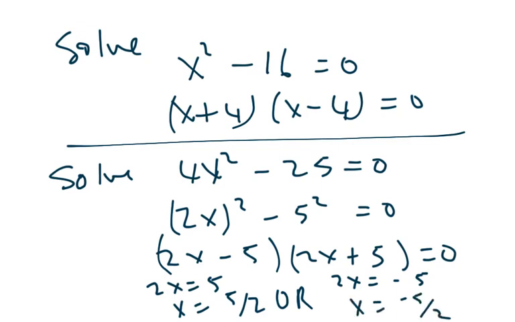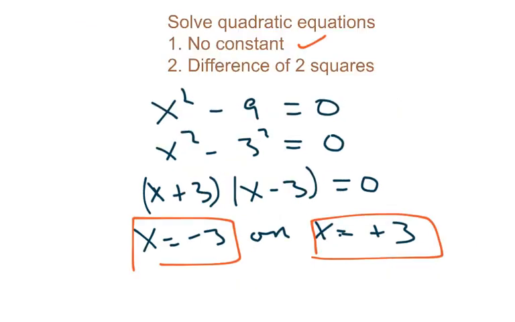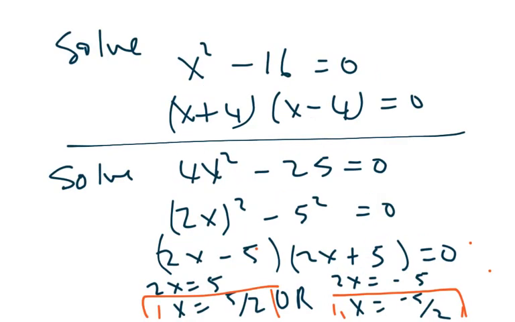In the difference of two squares, you're going to find that there's your two solutions. You're going to find that the 5 over 2 and the minus 5 over 2 will always be the same size, just opposite signs. If you go back to the previous one, you'll see you've got a minus 3 and a plus 3. In the difference of two squares, they'll always be the same.